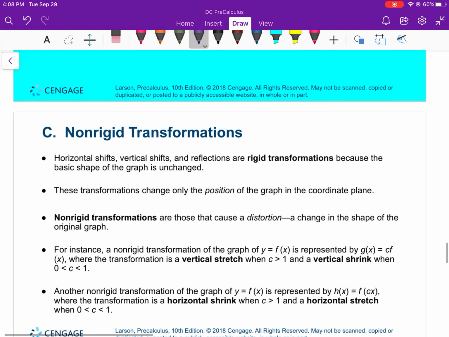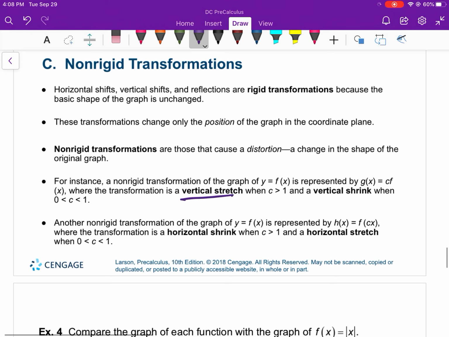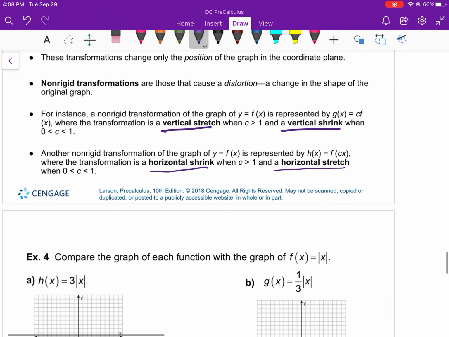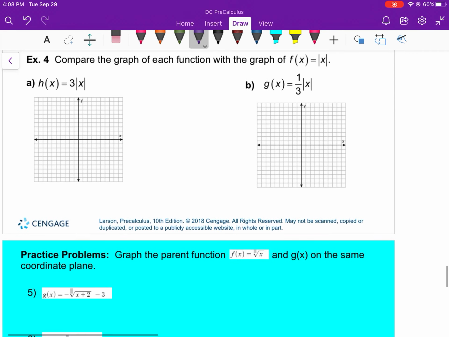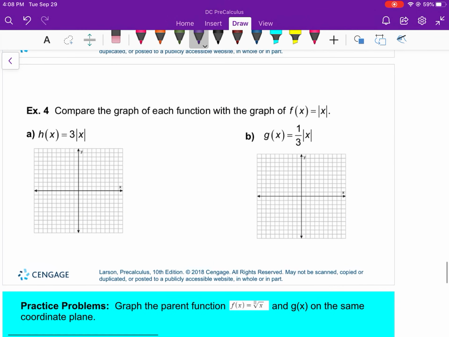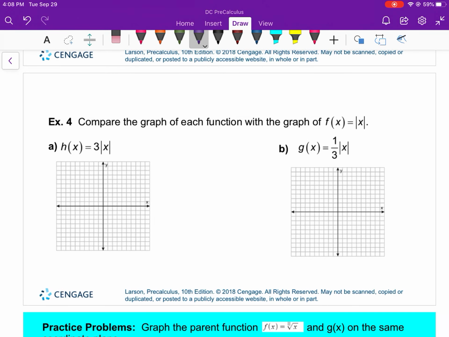Non-rigid. These are the ones that change and distort the shape. So these are typically vertical stretches or shrinks, or horizontal stretches or shrinks. Let me just talk to you about these, and I'm scrolling ahead here to see what we have. Okay, I typically stick with the vertical stretches and shrinks.